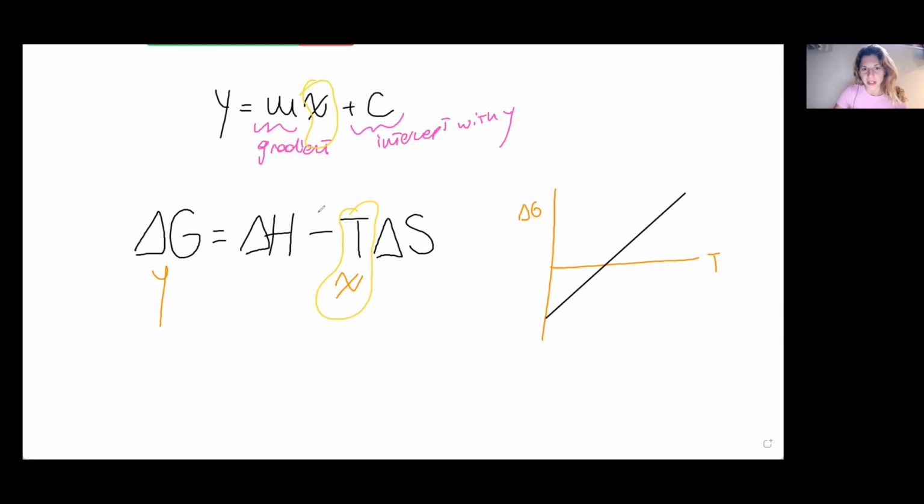So from this graph, the gradient, so changing y over changing x, would be our minus ΔS, so the entropy of this reaction. While the c, the intercept with the y-axis, would be this one, and that would be our ΔH.